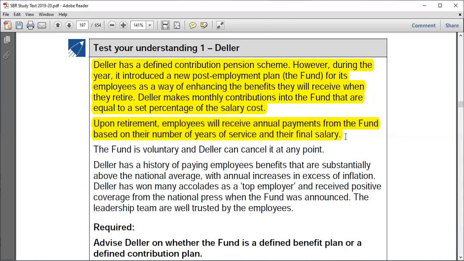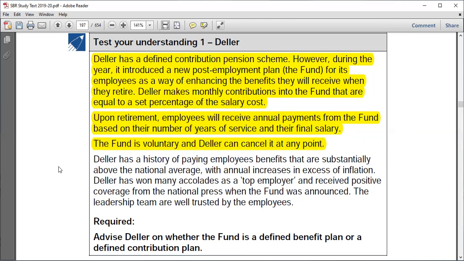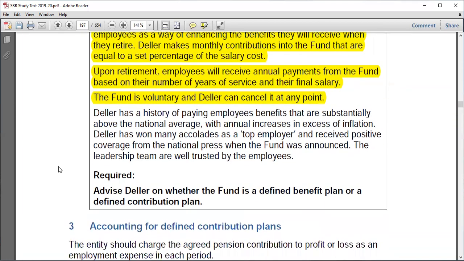Okay, no issue. Then further, we are told that the fund is voluntary and Della can cancel it at any point. So that fund is just voluntary. Della is not obliged to proceed with that, right? Della can just decide to cancel that fund.